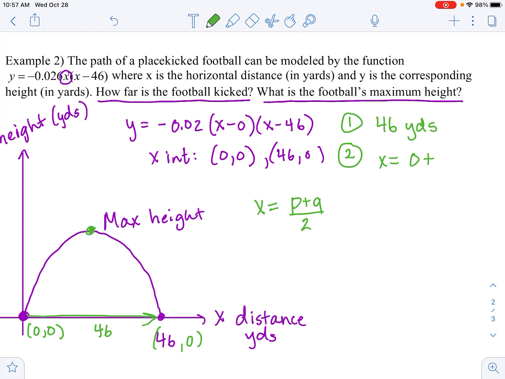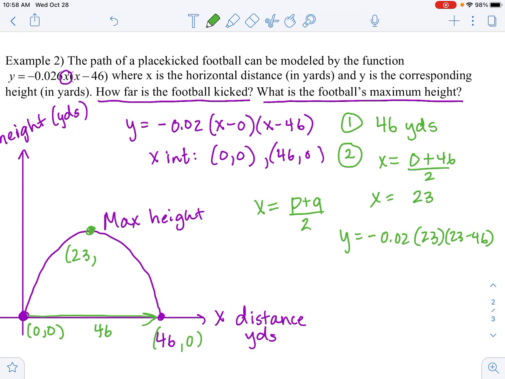It was 0 and 46, so we get 23 for our x value here. We're going to plug that back into the equation everywhere there's an x, and solve.